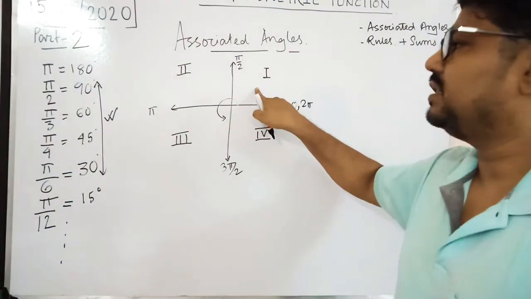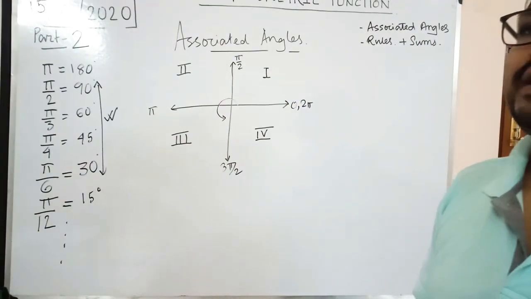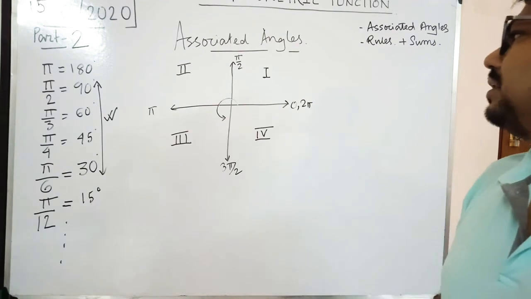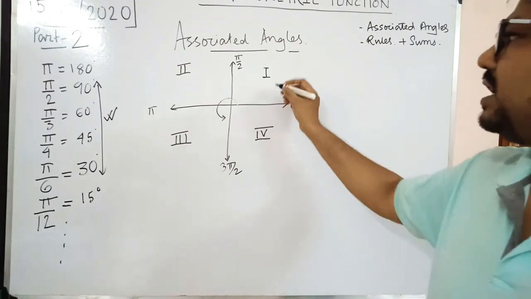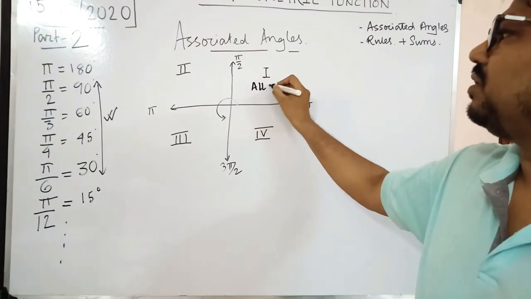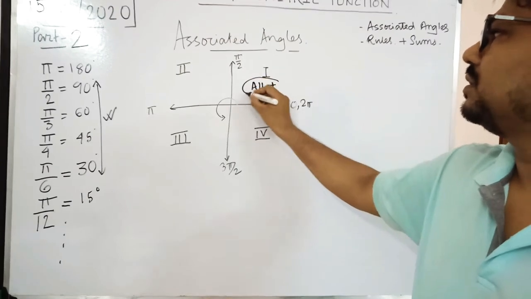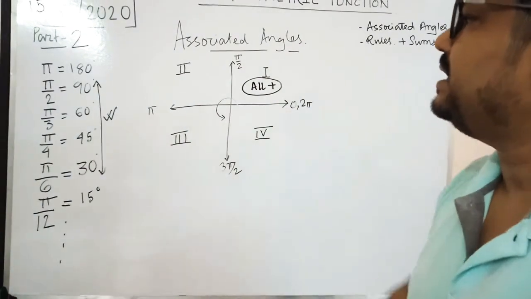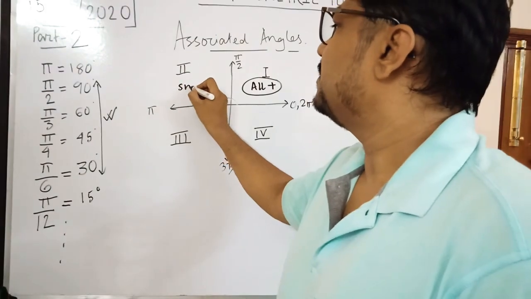Over here in the first quadrant we get all the acute angles, like sin 30, cos 60, tan 60, cosec 60, everything. So all are positive in the first quadrant. Now in the second quadrant, we find only sine positive.